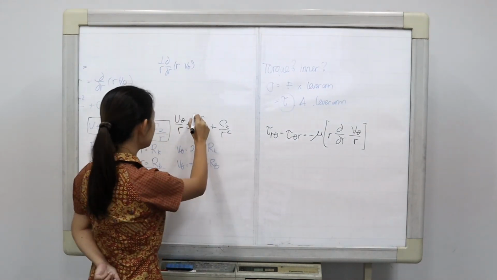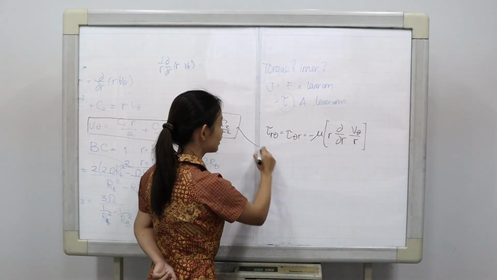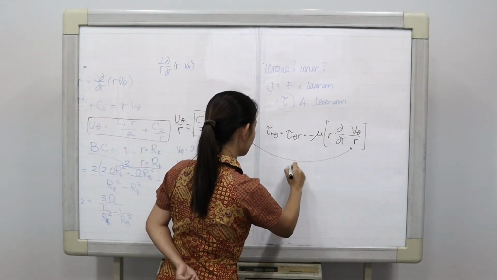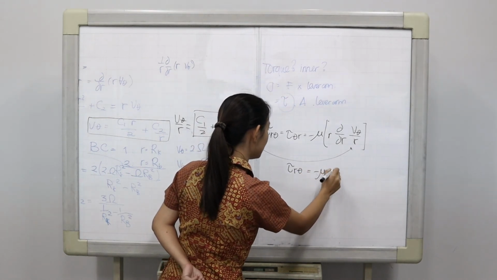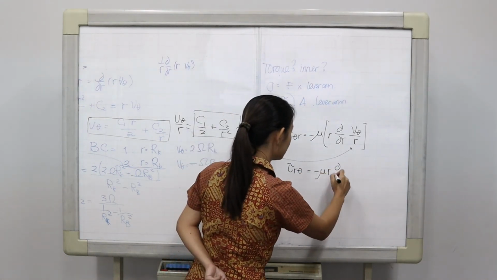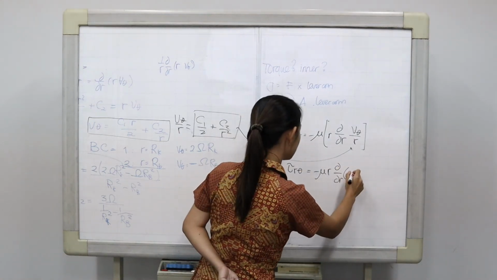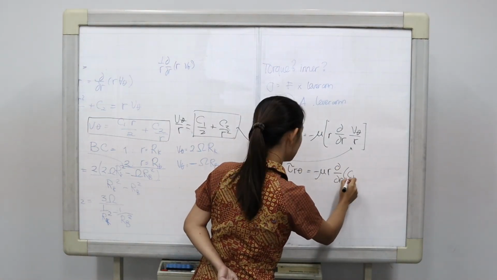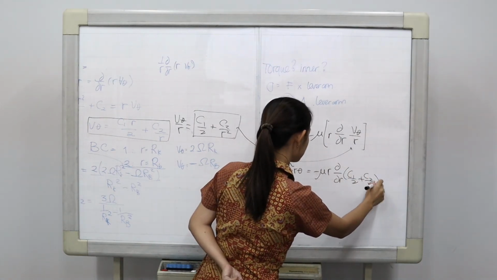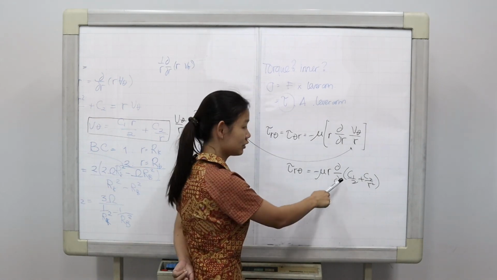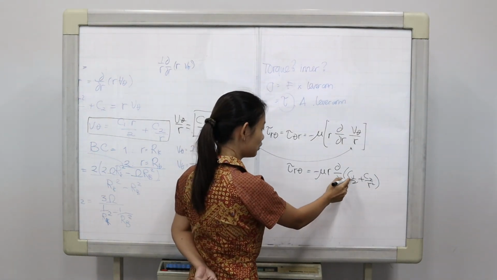Then you just need to put this value here. Tau r theta equal to minus mu r dou over dou r of C1 divided by 2 plus C2 divided by r squared. Do one differentiation.